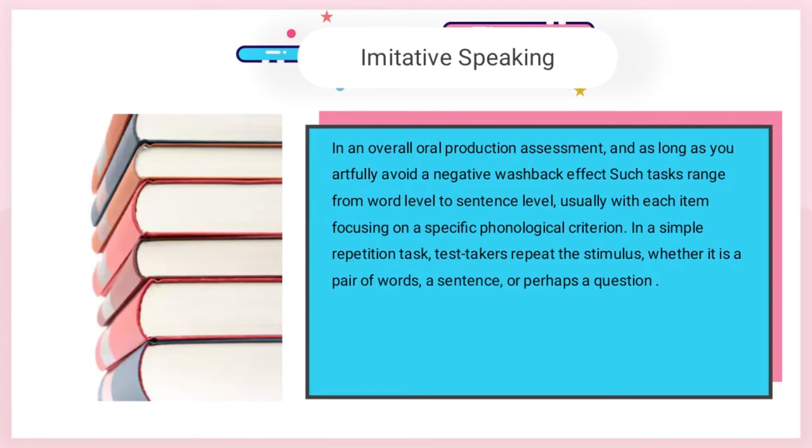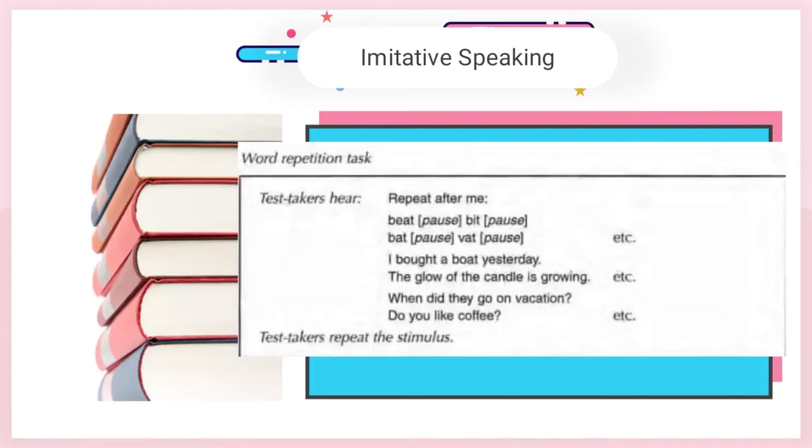The test taker repeats the stimulus. The stimulus can be a word or sentence, whether it is a pair of words, a sentence, or perhaps a question. So here is an example, a word repetition task.